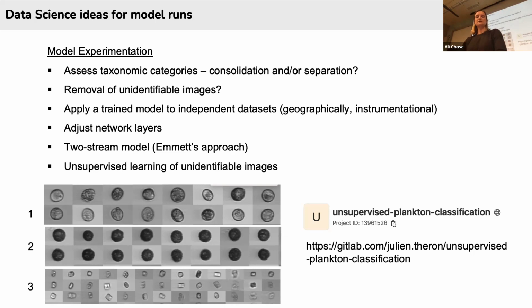That's an entire project on its own and has been in the past, as I'll come to in a second. Also applying a trained model to completely independent data sets. So far we've been using the same labeled data, from this one expedition, to train, validate, and test, but it will obviously be important to test on completely independent data sets.